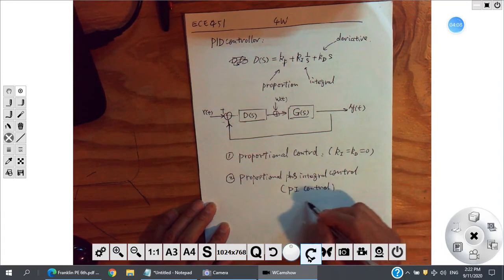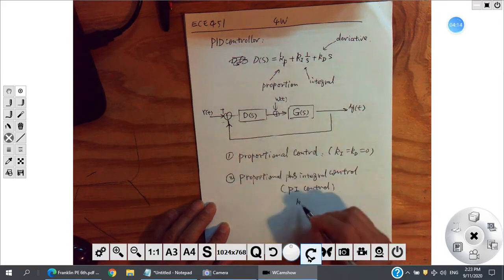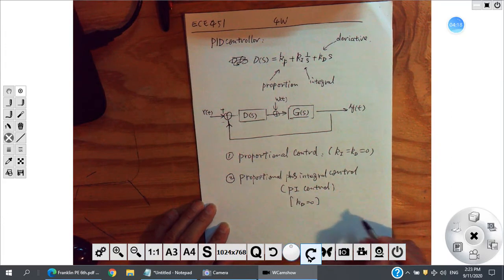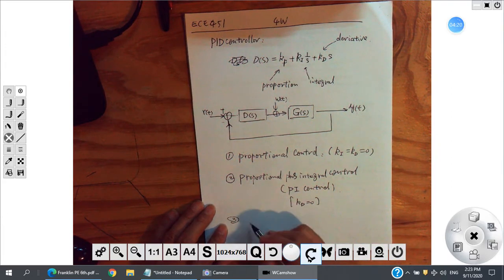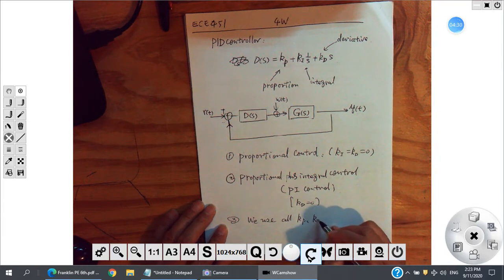In this case, we have P and I, we can choose different values, and no Kd. And the third one, of course, is overall. We use all three parts, Kp, Ki, and Kd. We use all 3 of them.